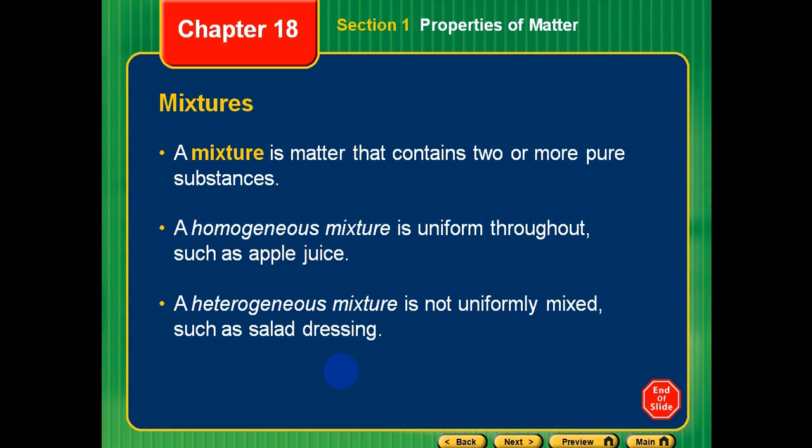When many substances mix together and they don't have a chemical bond between them, we call this a mixture. We have two types of mixtures, homogeneous mixture and heterogeneous mixture. In the homogeneous, they completely mix together, and in the heterogeneous, they don't evenly mix, or they don't completely mix.